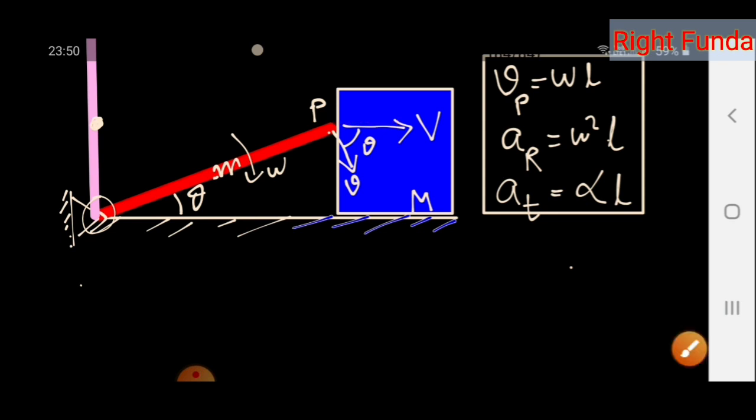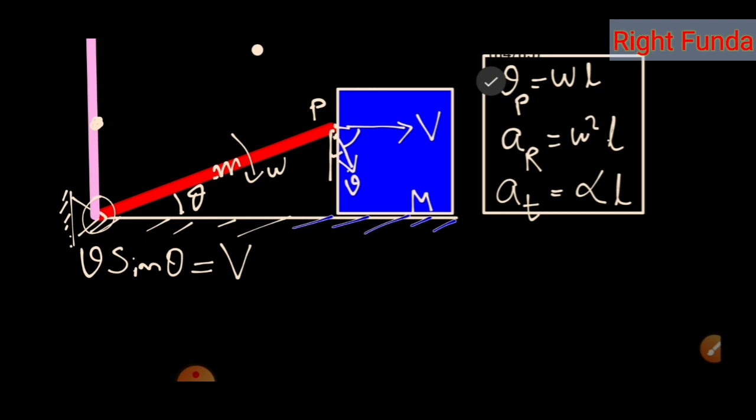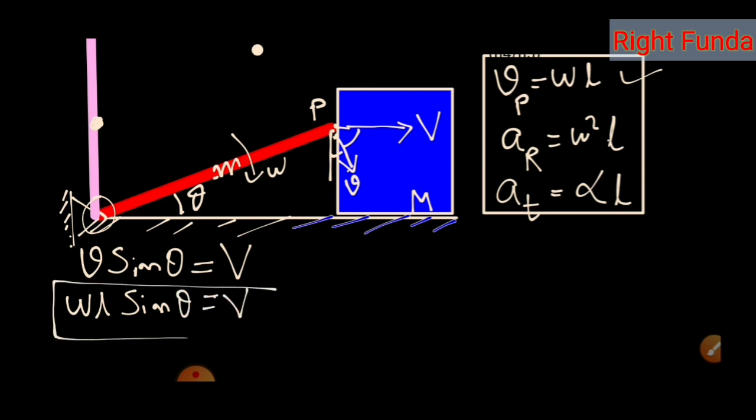So I can write: small v sine theta, the component of the topmost point's velocity along the capital V direction, must equal V. And small v is omega L, so omega L sine theta is equal to V. So we got the value of V in terms of omega at that instant.